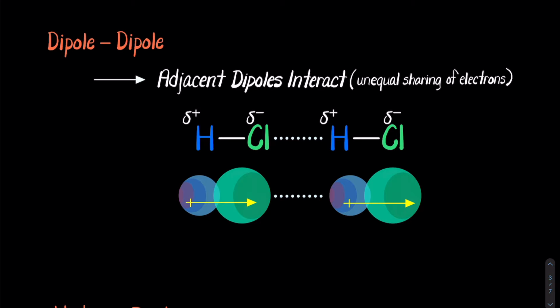Now, this occurs when adjacent dipoles interact. When we looked at that previous chart, the bonding chart, we see that dipoles arise upon unequal sharing of electrons. And this all comes back to those electronegativity values.